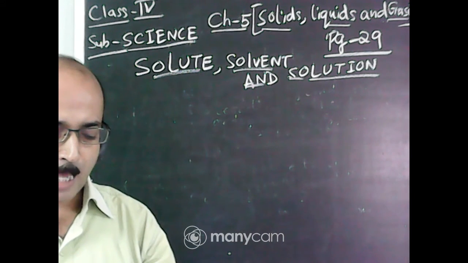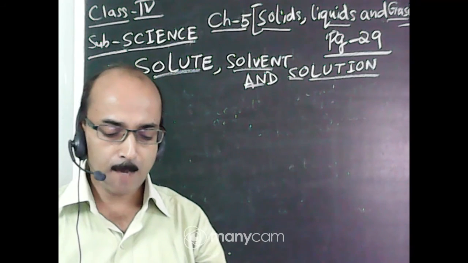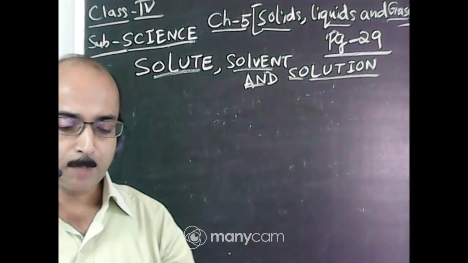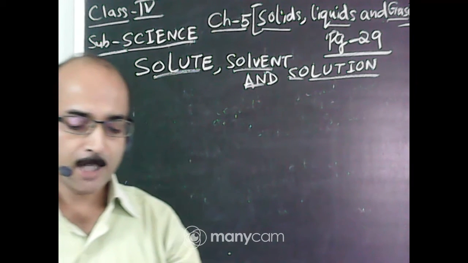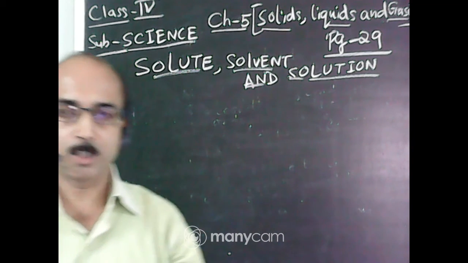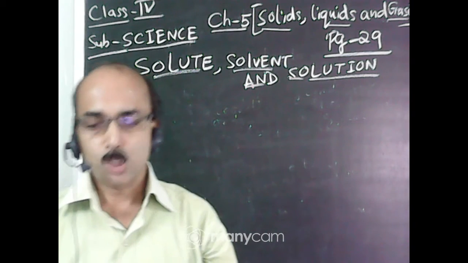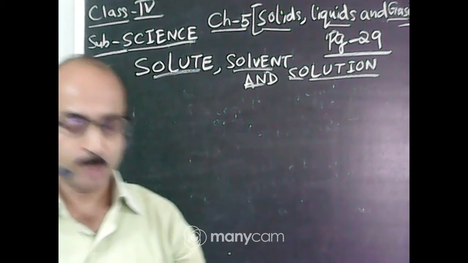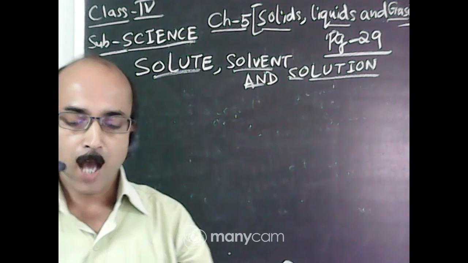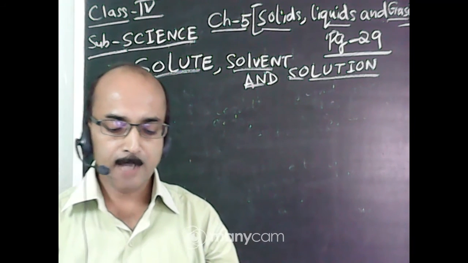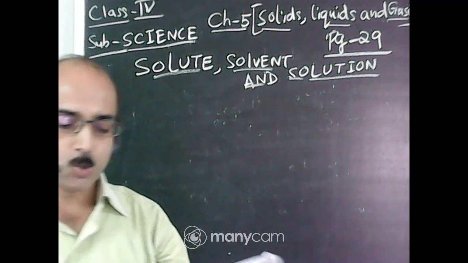Okay, so in the above activity we have prepared a sugar solution by dissolving sugar in water. There are many other things which get dissolved in water. Suppose salt may also be dissolved in water. The substances that dissolve in a liquid are said to be soluble in that liquid and are called solutes.